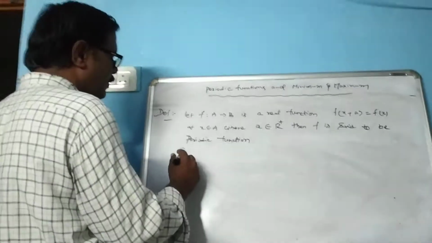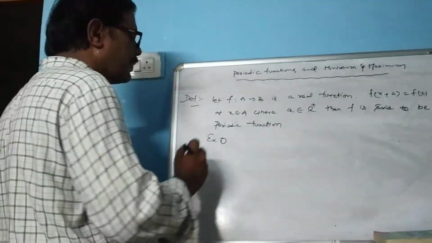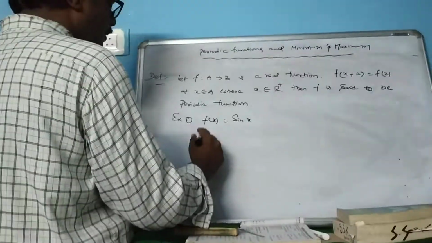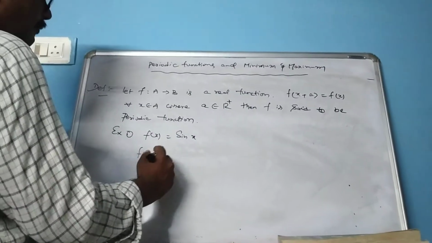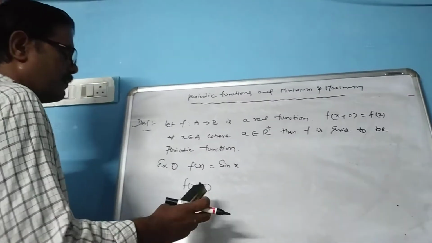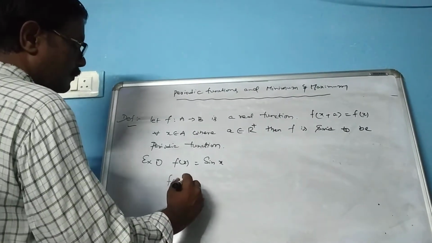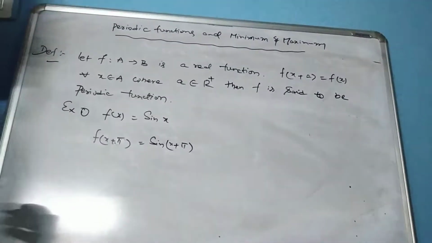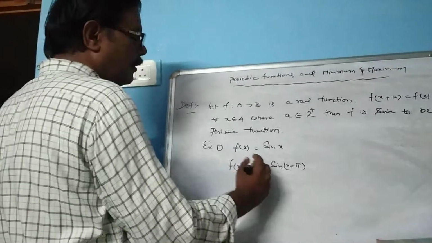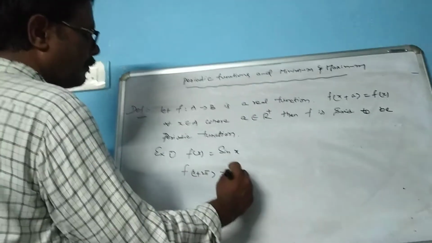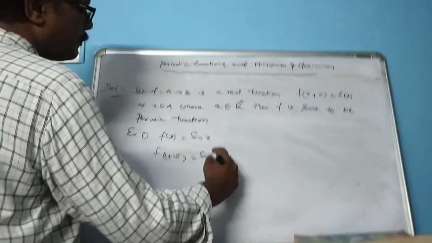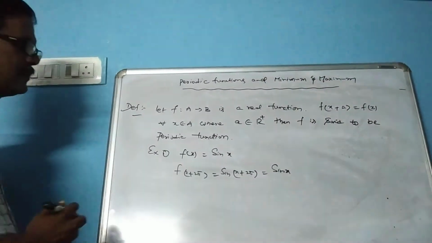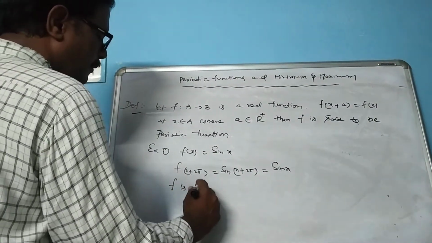So many examples I can say. If f of x is equal to sin x, f of x plus 2 pi is sin x plus 2 pi, which is sin x. Therefore, f is a periodic function.